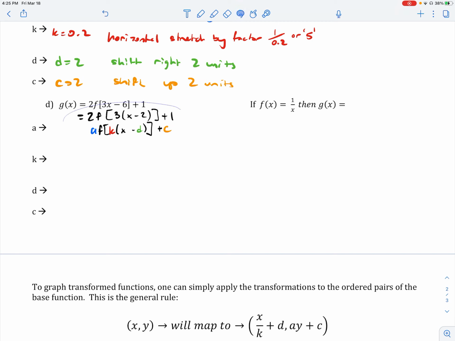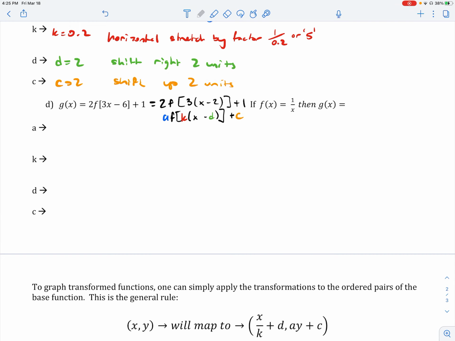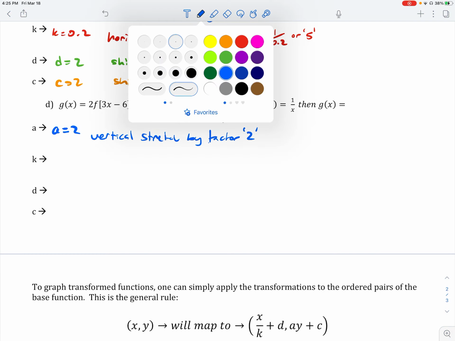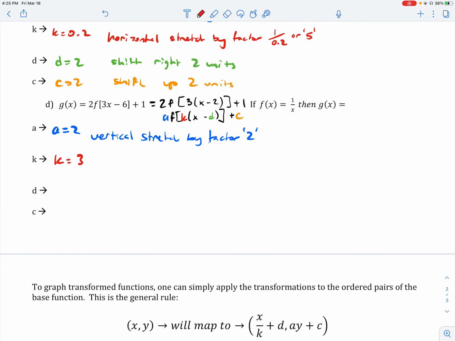Okay, I need to move this over just to get a little bit of space. So I'm just going to put it right here. And A is equal to 2. So we're going to have a vertical stretch by factor 2. K is 3. So we're going to have a horizontal compression by factor, it's always 1 over K. So K is 3, so it's going to be a third.